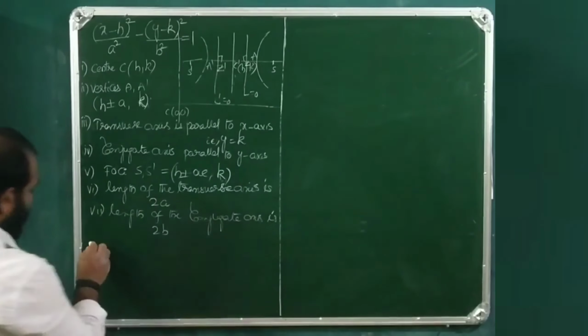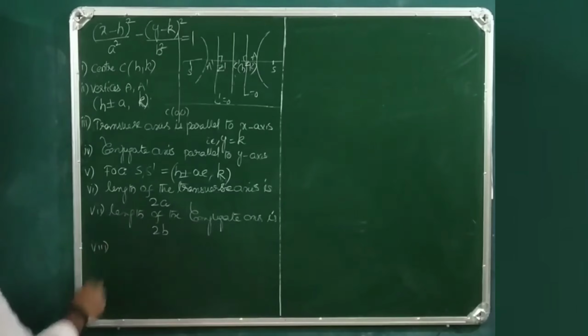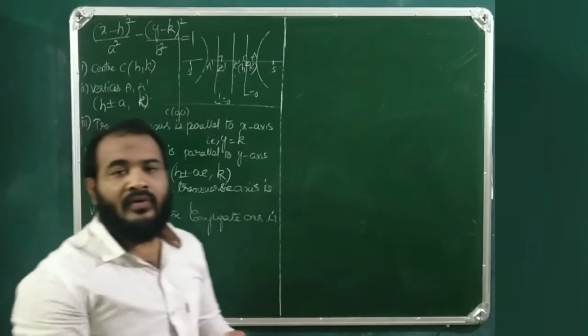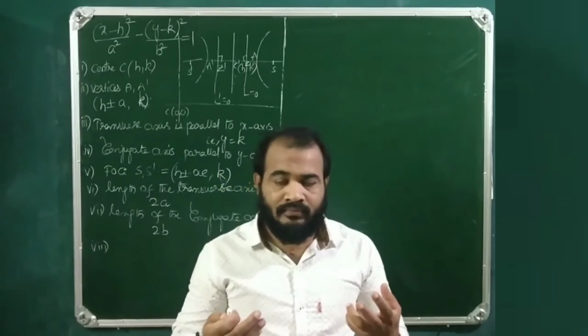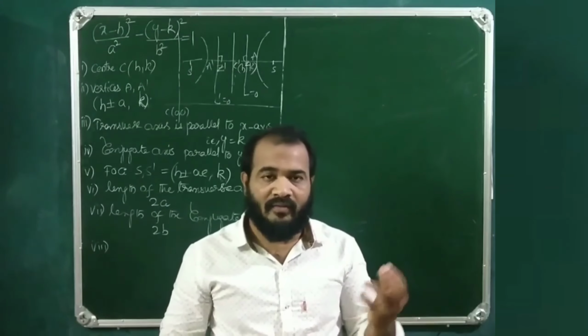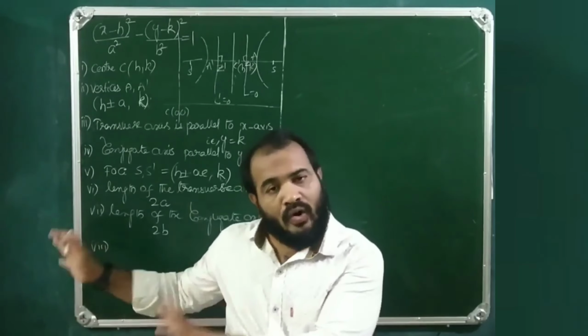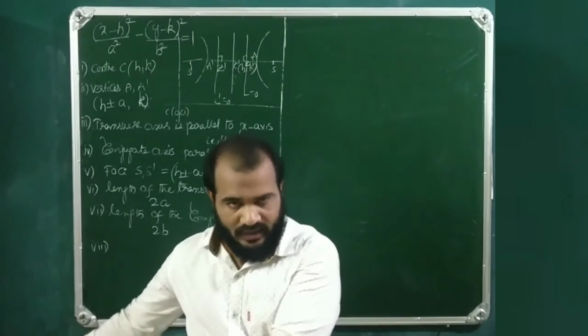And the length of the latus rectum is 2b square by a, what we have seen before. Now also it is going to be unchanged, 2b square by a only.